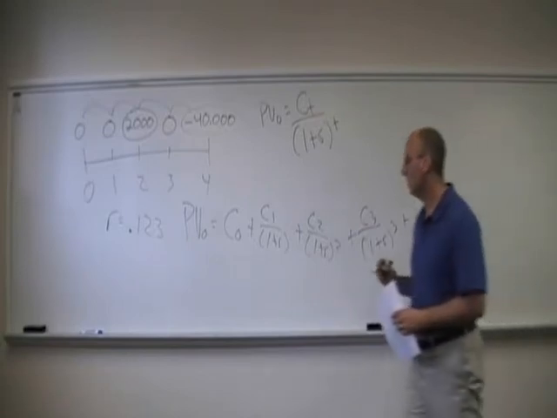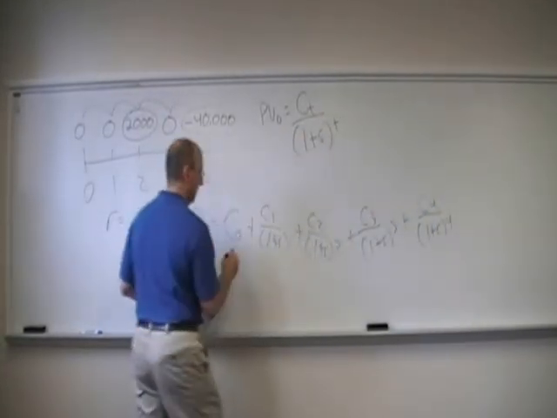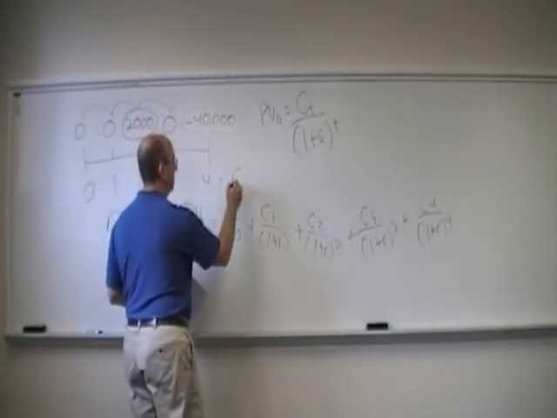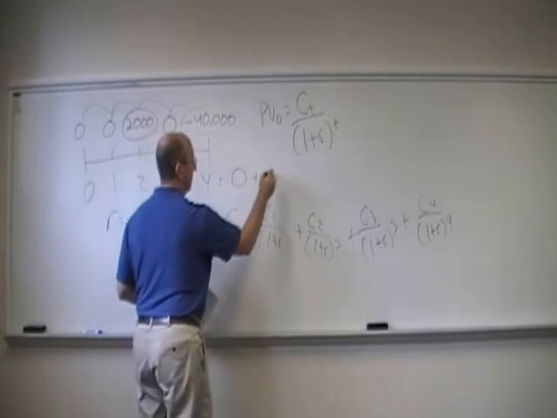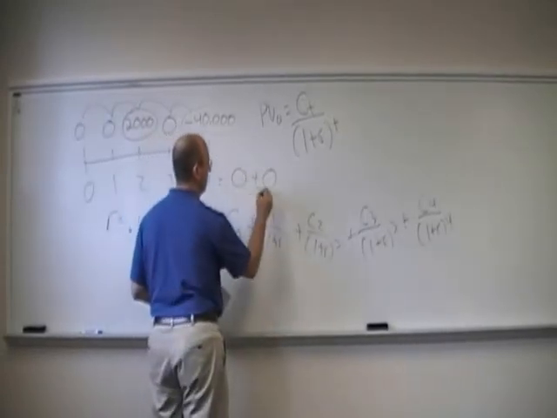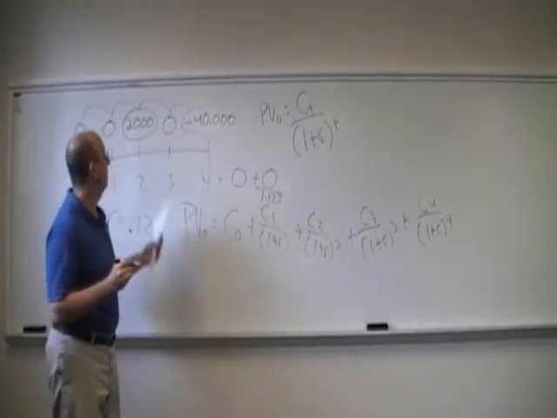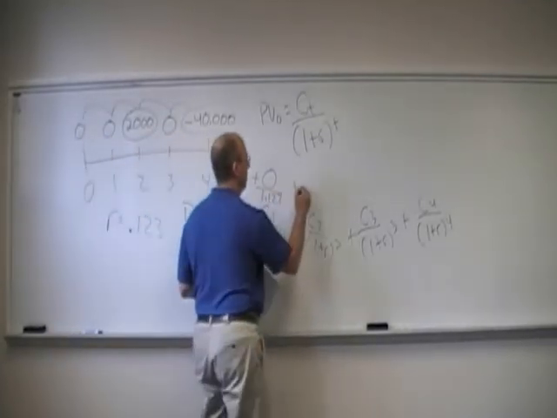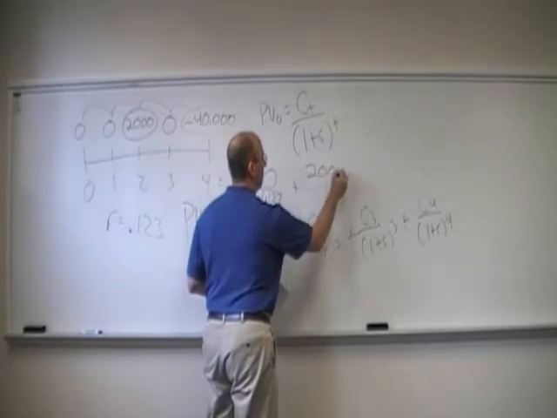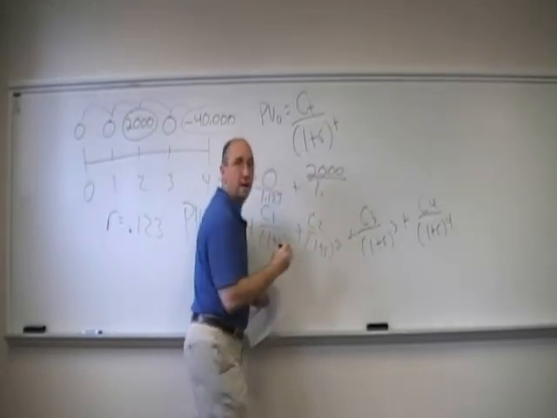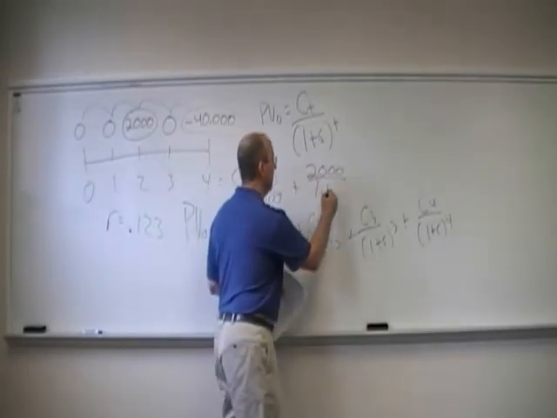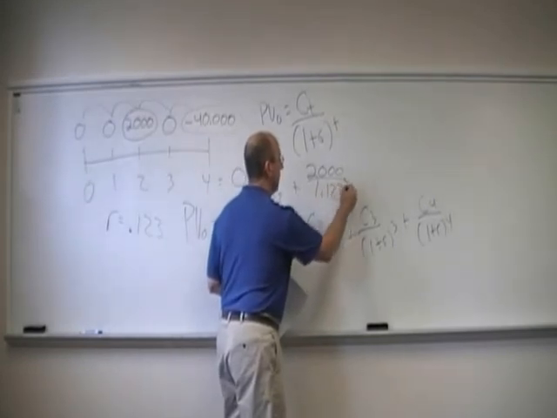Well, this is pretty straightforward. In this case, 0 plus 0 over 1.123 plus 2,000 over 1.123 squared.